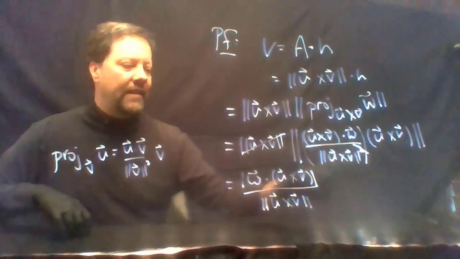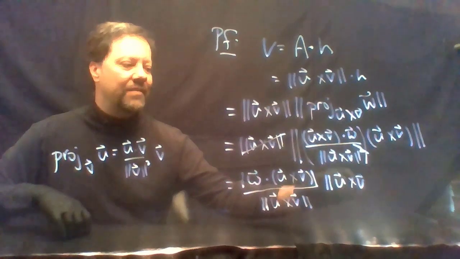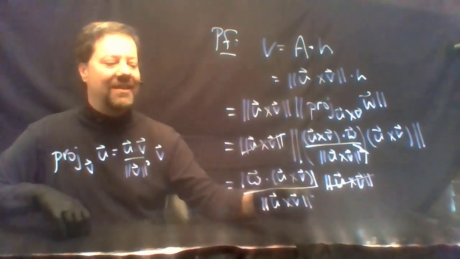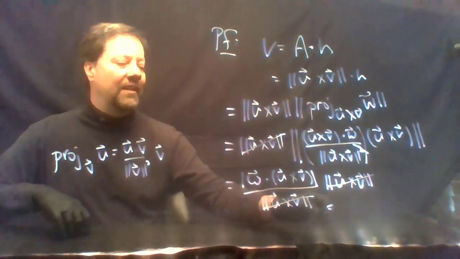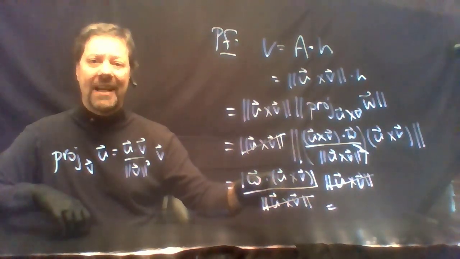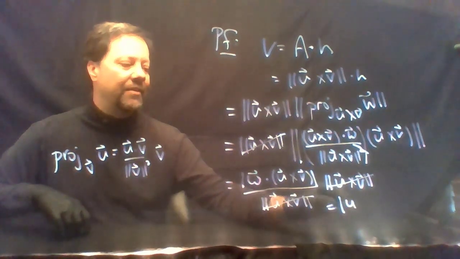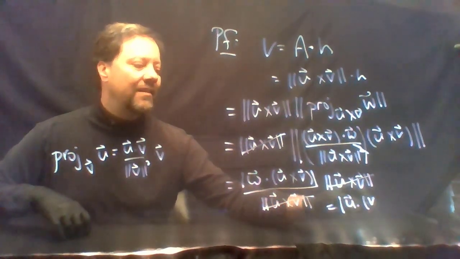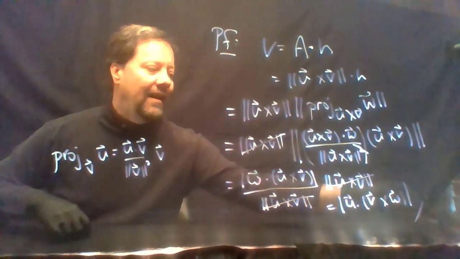The only thing left inside of the norm now is u cross v, which exactly cancels. Now, by the invariance under cyclic permutation of the scalar triple product, we have the absolute value of u dot v cross w, as suggested.